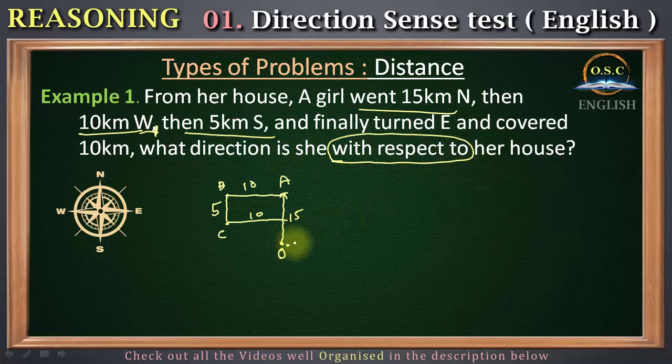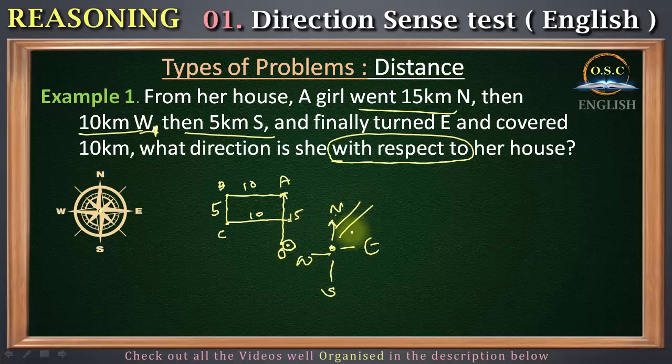This is her house, right? In which direction is she with respect to her house? So while looking at that, what you need to do is consider this point as the center of that map. From here, in which direction her house is. So if her house is here, this will be her north, this will be her east, this will be her south, and this will be her west. So this part will be north direction.